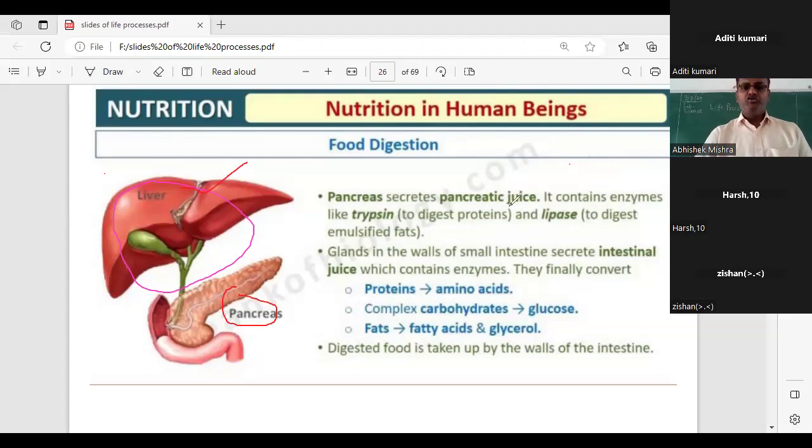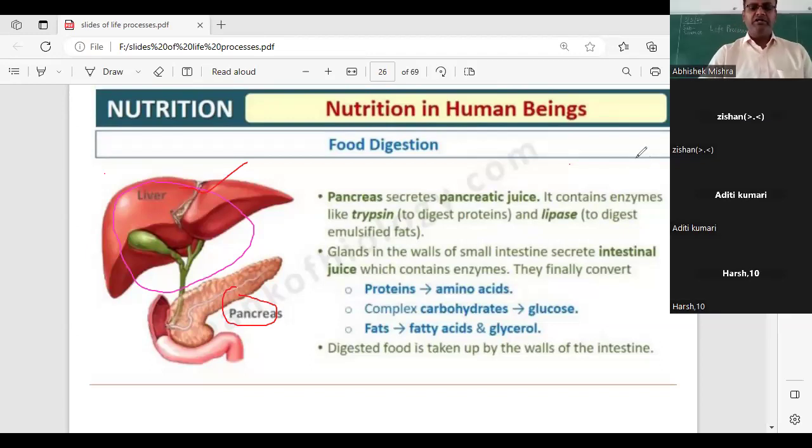Bile juice definitely has 2 important functions. First, it converts the acidic medium of the food coming from the stomach into the alkaline medium so that pancreatic juice can act on it. And also it emulsifies fat. Emulsification is the process where large fat molecules are converted into smaller globules.